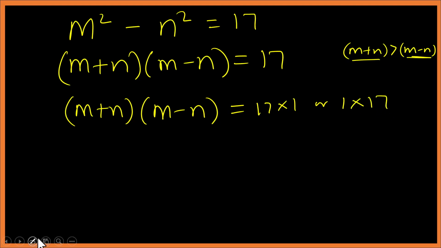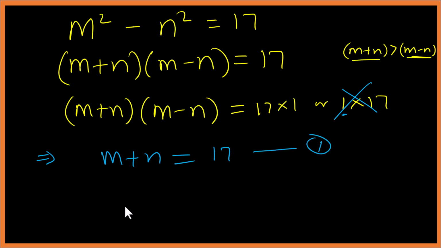Following the condition that m plus n is more than m minus n, this one will be taken out because 1 is not more than 17, but here 17 is more than 1. So we generate our two equations: m plus n equals 17, equation 1, then m minus n equals 1, equation 2.